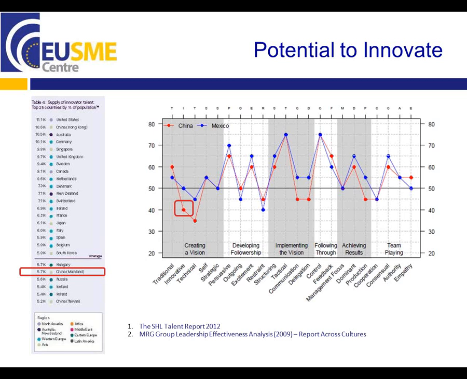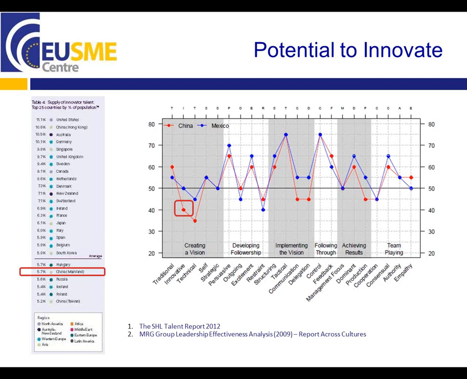So you see on the left, the SHL talent report shows us that mainland China is at 5.7% compared to 11.1, 10.6, 11.5 for some of the top countries when it comes to innovator talent, the supply of talent that we consider more innovative. And also on the right, the MRG Group Leadership Effectiveness Analysis.